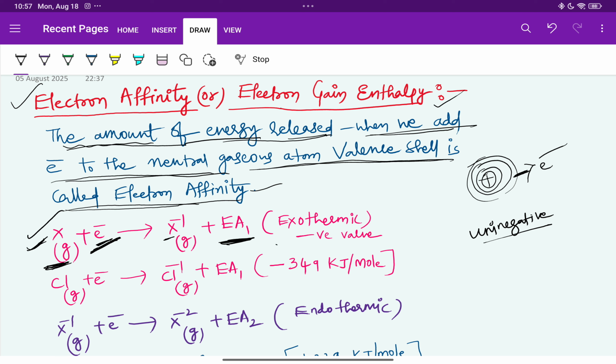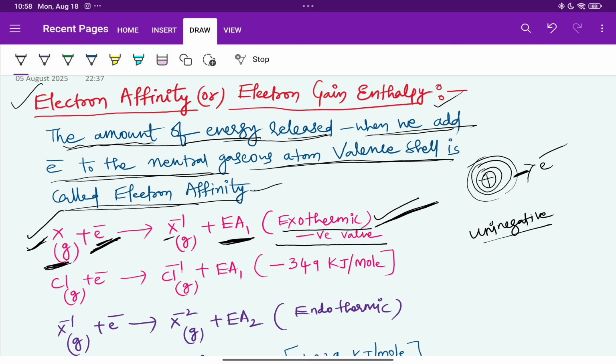And here I have written, when you add an electron to the neutral gaseous atom, some amount of energy is released. So the reaction is called exothermic, because energy is liberated outside. So adding an electron to the neutral gaseous atom is always exothermic, and the value you will get here is negative.